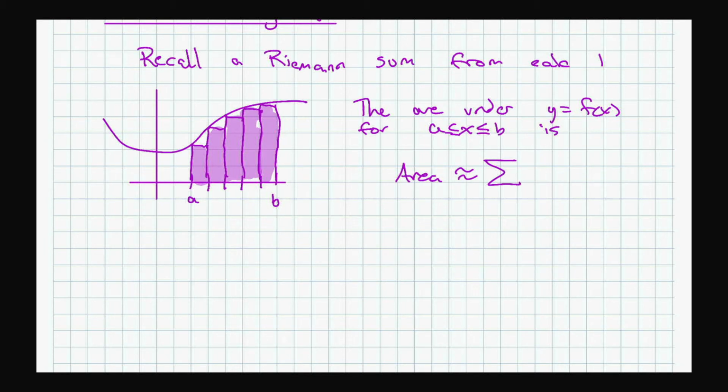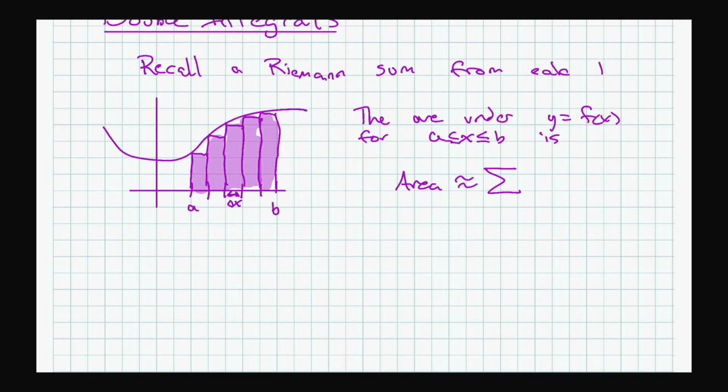And what we did is we said every rectangle has the same width, let's say delta x. And then in order to get the heights of each rectangle, you had to pick some x values. Like maybe this one's x0 and maybe this one's x1, and so on until you get to the end one, which is xn.